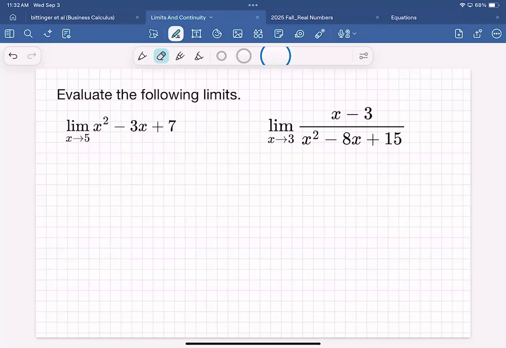We could do a table if you're not comfortable with something, but before you do a table, just try direct substitution to see what happens. So this would be a situation where I'd go do a little side work real quick and say, hey, can I actually plug 5 into this function? Okay, let's try it. Now, hopefully you're seeing here, it's quadratic.